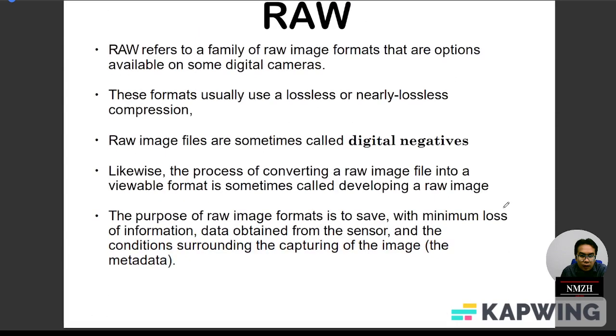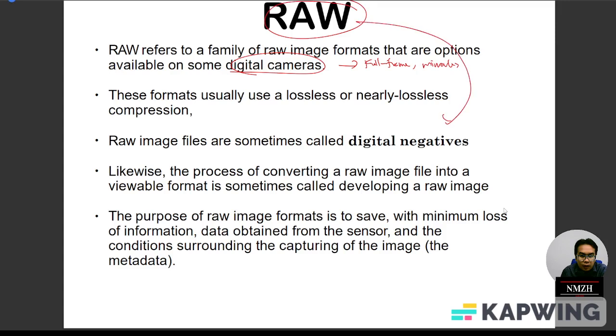And lastly is raw, which refers to a family of raw formats that are available as an option on some digital cameras, especially full frame cameras and, recently, mirrorless cameras. We can easily understand raw as basically a negative.